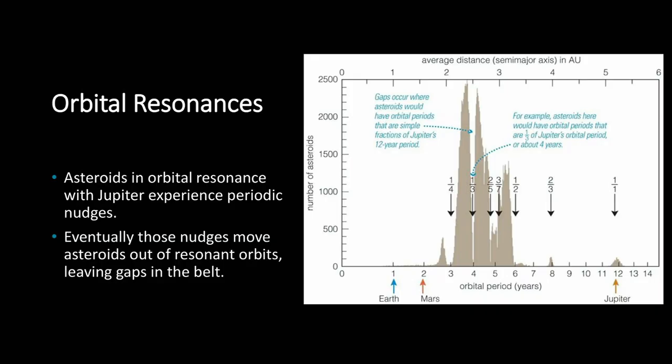In this one, an asteroid would orbit 3 times for every 1 time that Jupiter orbits, and then again you get a stronger gravitational pull from Jupiter, and that will knock you out of your orbit. So Jupiter has basically cleared these gaps in the asteroid belt just by having a really big mass that will pull these asteroids out of orbit.